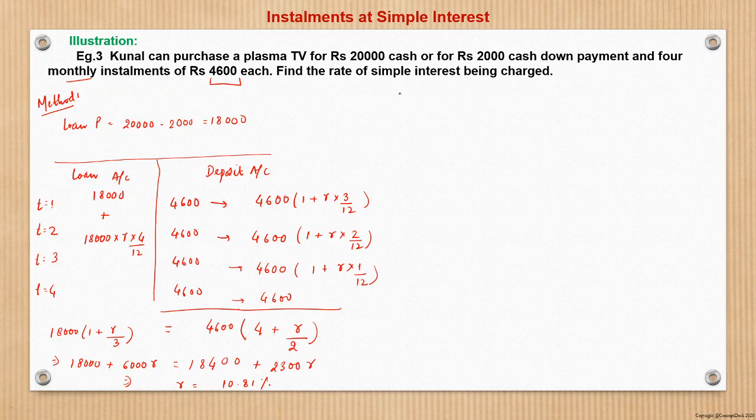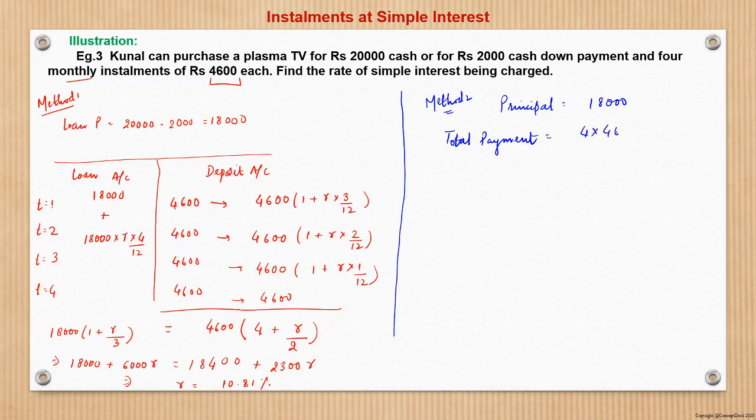Now again we see using method 2. What is the principal amount? Principal amount is 18,000 and total payment is 4 installments of 4,600 each.